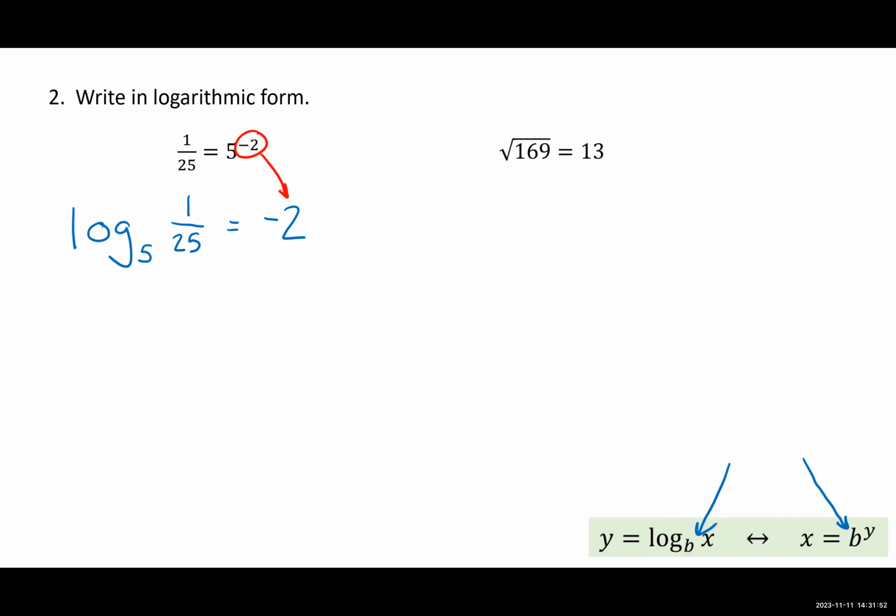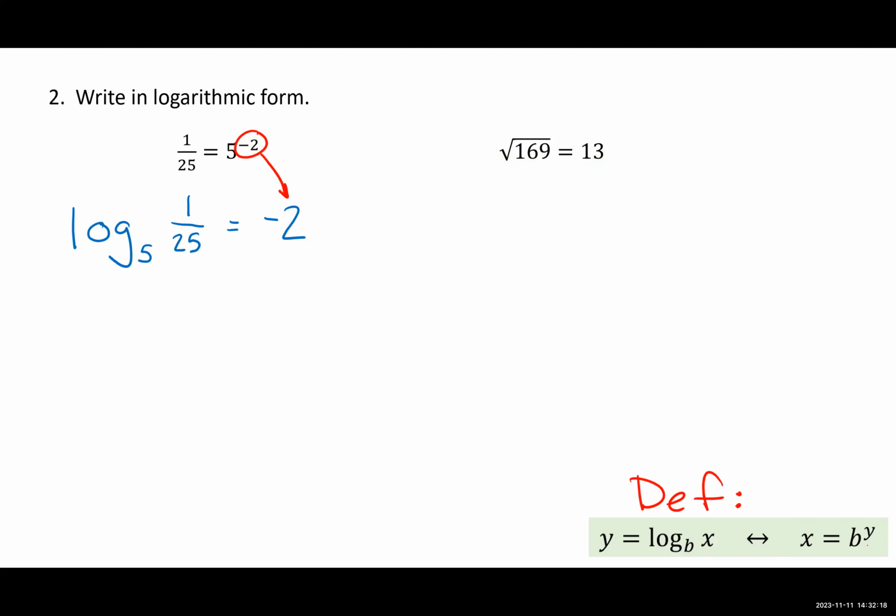The exponent is on the other side of the equal sign. So when we look down here at the definition, we define the logarithm in terms of an exponential expression, something to a power. When we're working with logs, we need exponents.